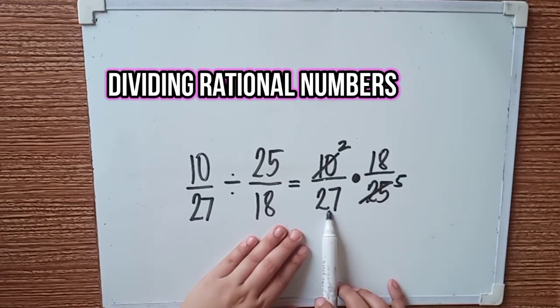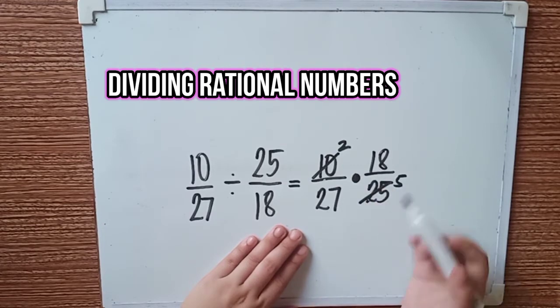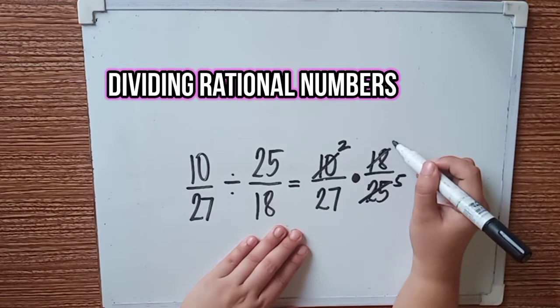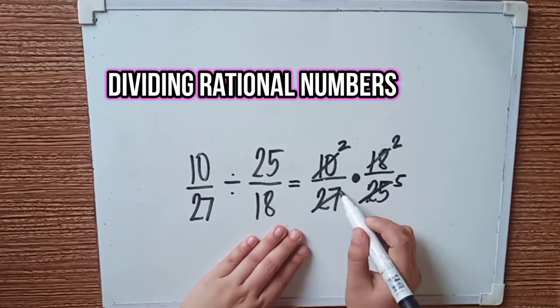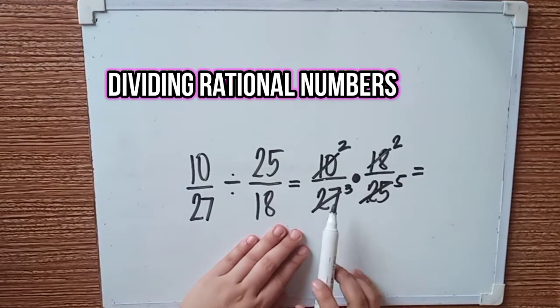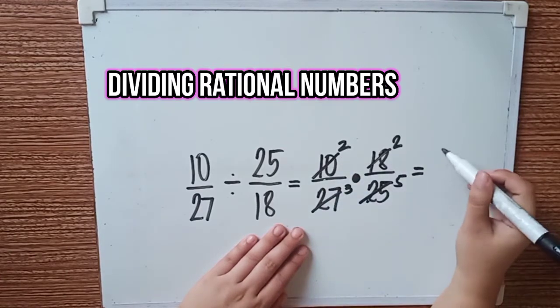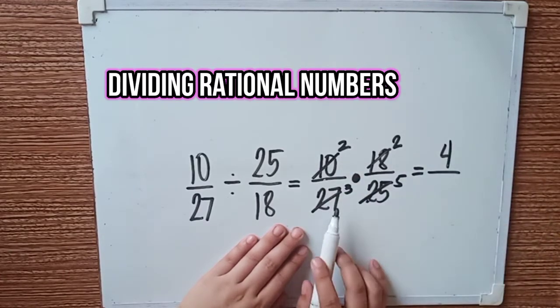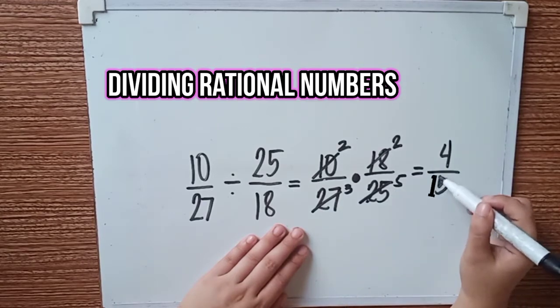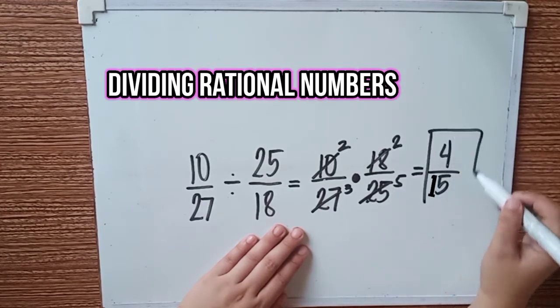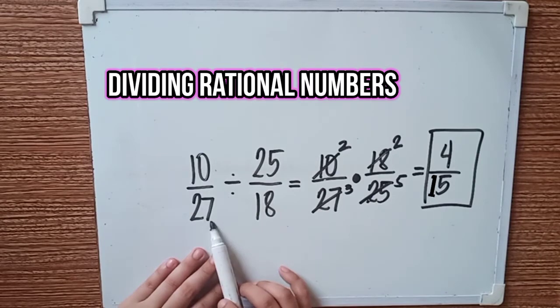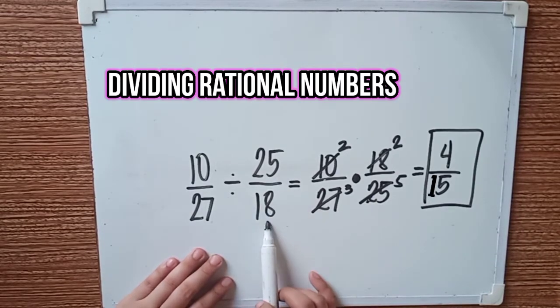For 18 and 27, their GCF is 9. Therefore, 18 will become 2 and 27 will become 3. Multiply their simplest form. 2 times 2 is 4 over 3 times 5 is 15. This is the quotient of 10 over 27 and 25 over 18.